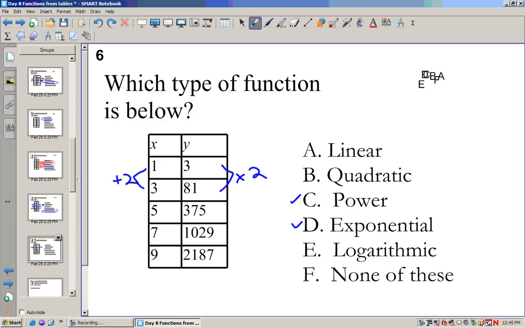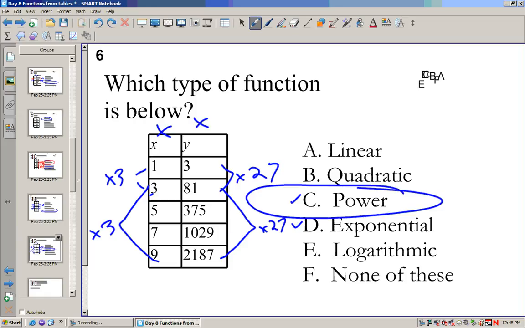So now if I take 81 times 27, oh, that gets me all the way down here. So how do I get from here to here? It's not by adding 2, it's by multiplying by 3. So multiply, multiply will give us a power.